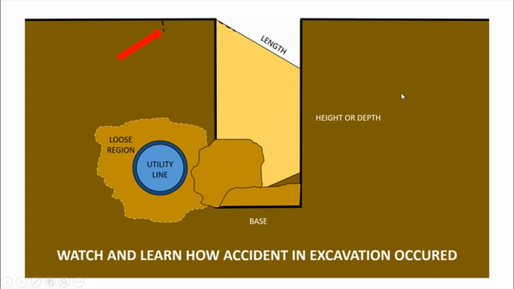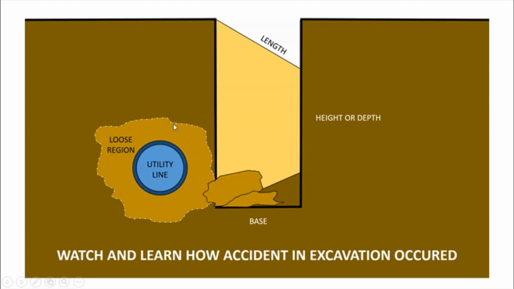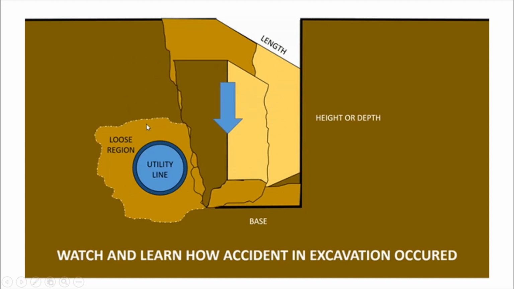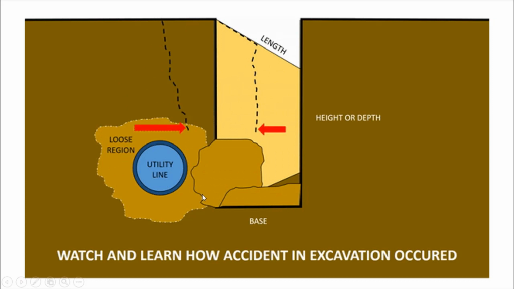As you can see in the photo on the left, there is a utility line here, and beside the utility line there is a loose region. That means the soil in this area is loose like sand.